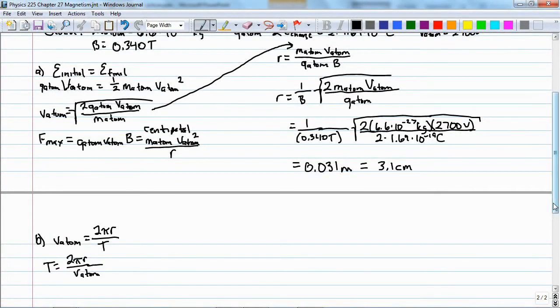So let's figure out the velocity of the atom first.